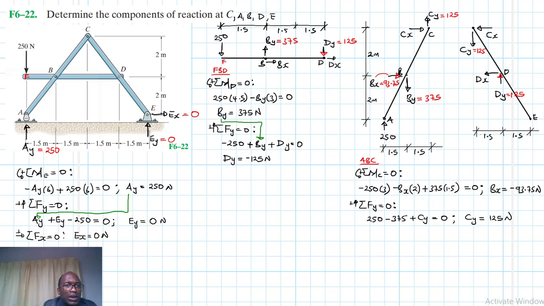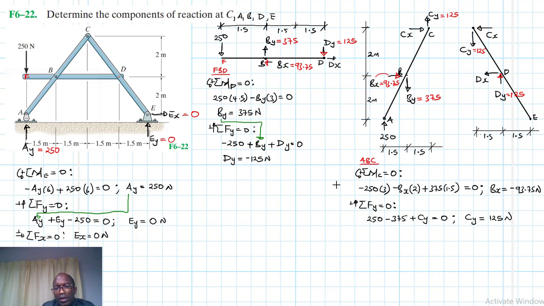So even this one changes, direction changes. For this Bx, direction will be going in like this, and this one is equal to 93.75. Great.